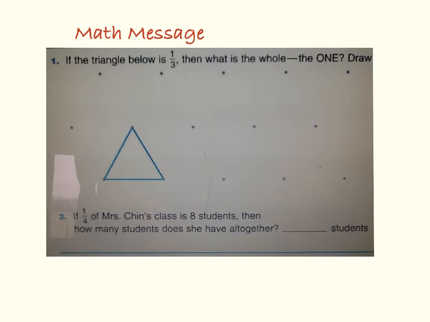So if I only had 1/3, that means I would have two more of those triangles. So if we go ahead and connect the dots, there's one. And here's two. So my whole would be what? A trapezoid.